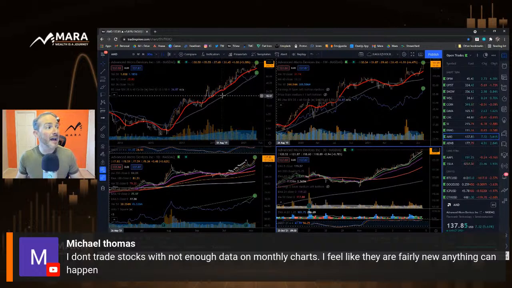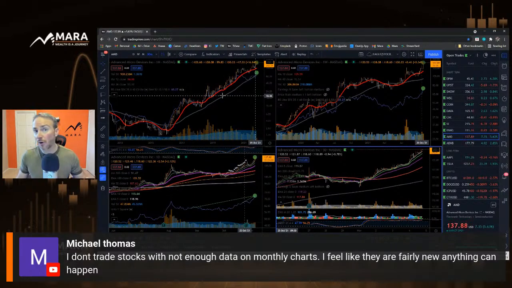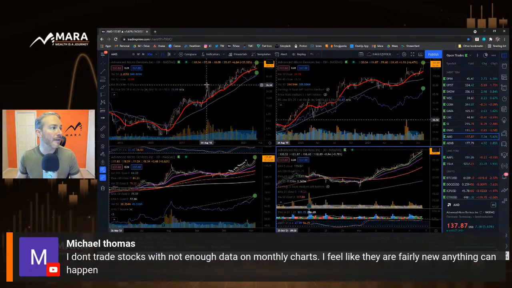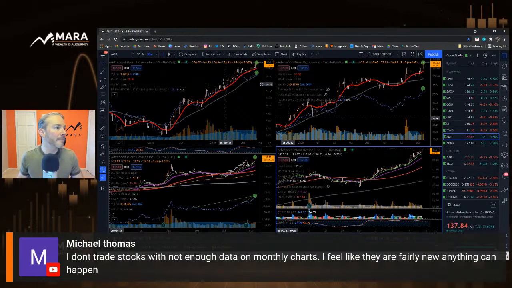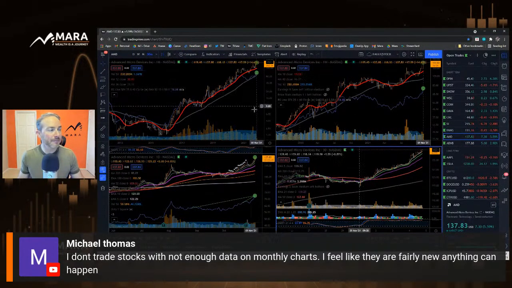Is there any kind of major overhead resistance that we might be coming into, like back here, when we were looking at October 2018 to when it finally broke out in November 2019? That's a year. Depending on how zoomed in you are on your charts, you might not even see that. It's a good idea to keep that up there for yourself.